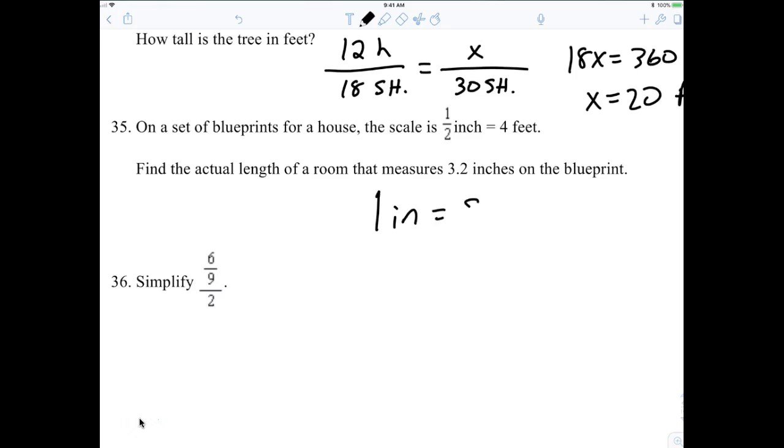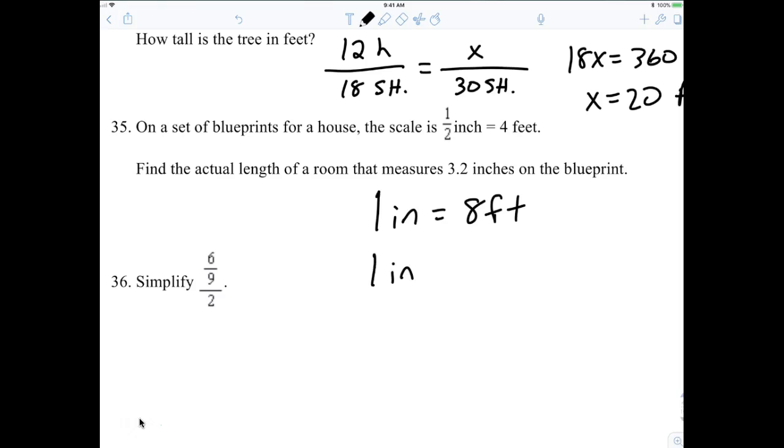So 1 inch is equal to what? 8 feet. All right? So if you have 3.2 inches, how much feet does that represent? What would I have to do? 3.2 times 8. Now, if you weren't sure about that, look how you could do it.